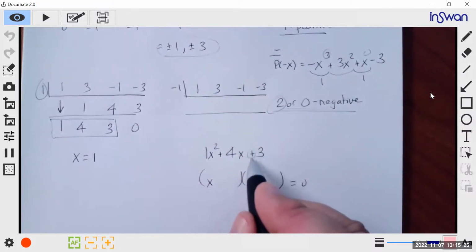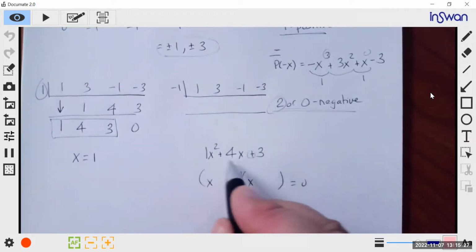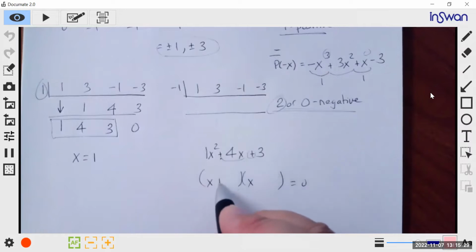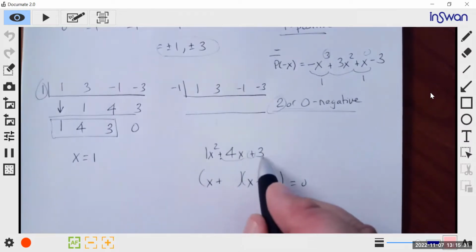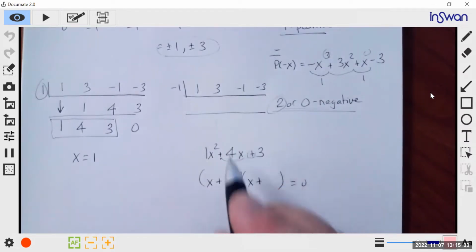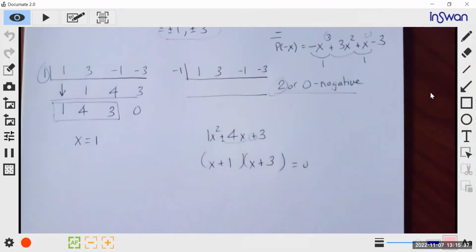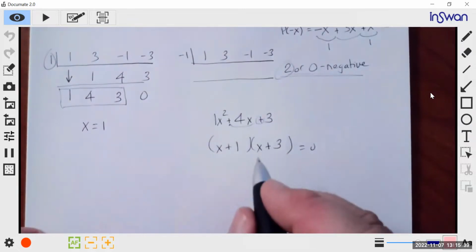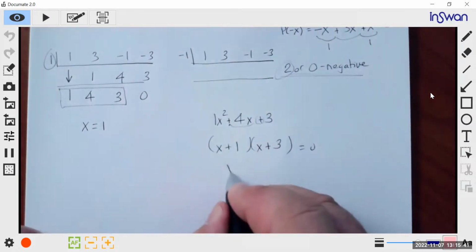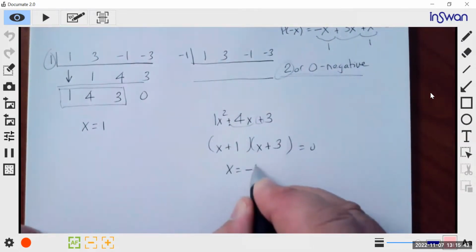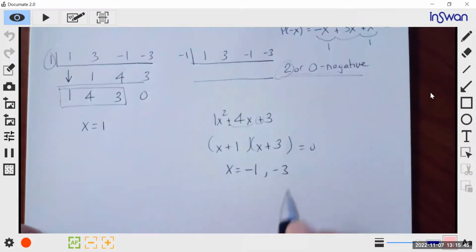The second sign's a plus, and they're both going to be pluses since the first one's plus. What times what is 3, and when you add them, you get 4? 1 and 3. So the solutions are -1, -3.